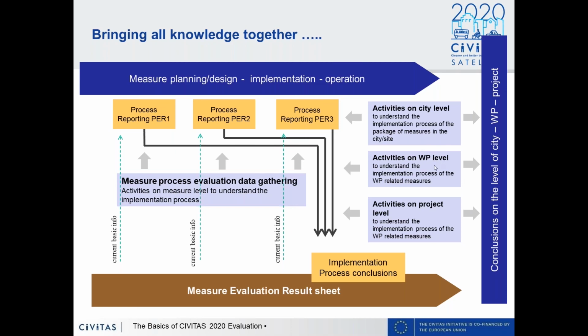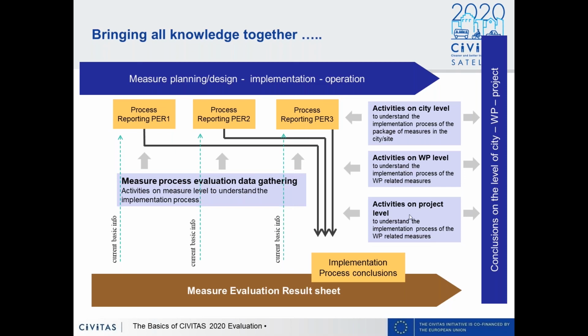Some projects have 3 or 4 work packages clustering the type of measures, one work package on behavioral change, another on freight, and things like that. These projects try to understand what's happening during implementation for this type of measures.